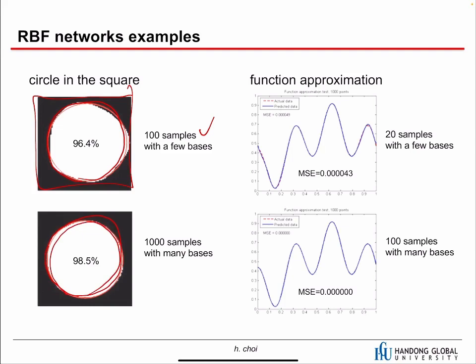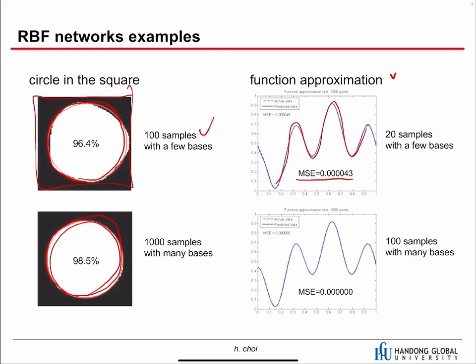And we have another example, function approximation. The blue curve is the predicted curve, and the dotted red points are just the data samples. From these data samples, our estimated function is this blue curve. With just 20 samples, we can estimate this function, and the MSE is quite low.